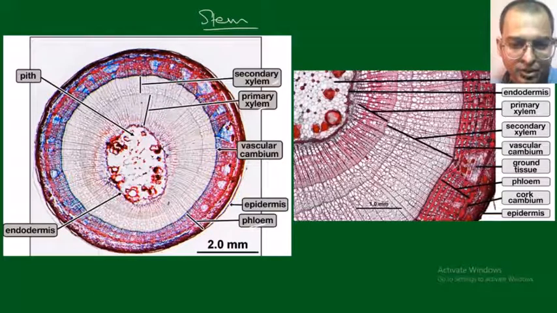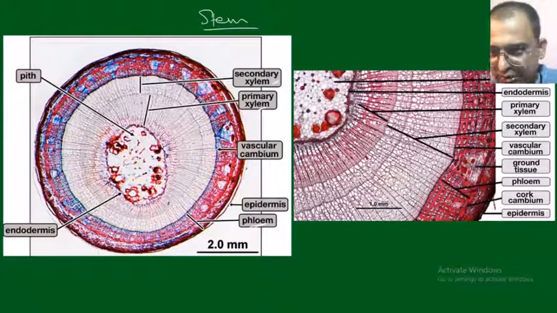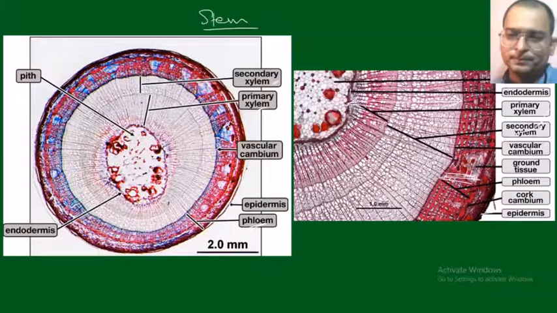On a more detailed scale, the central region you see is the pith, then the endodermis, and this whole region in between is the xylem. In this region we find the phloem, and this is the outer region called the epidermis.